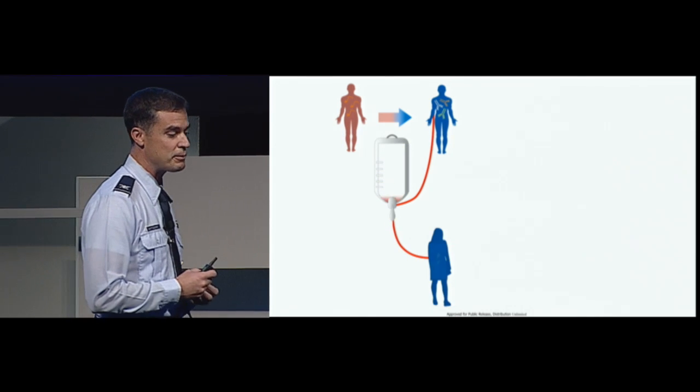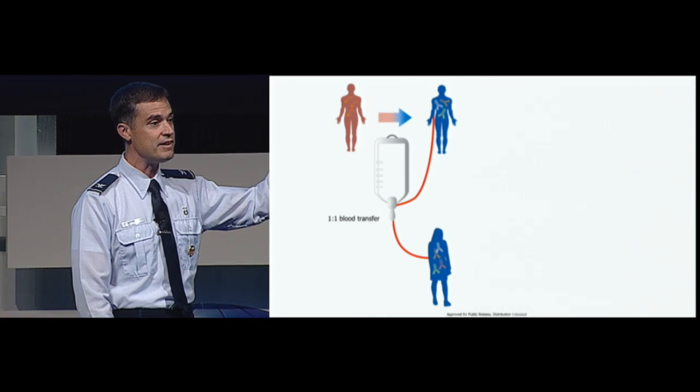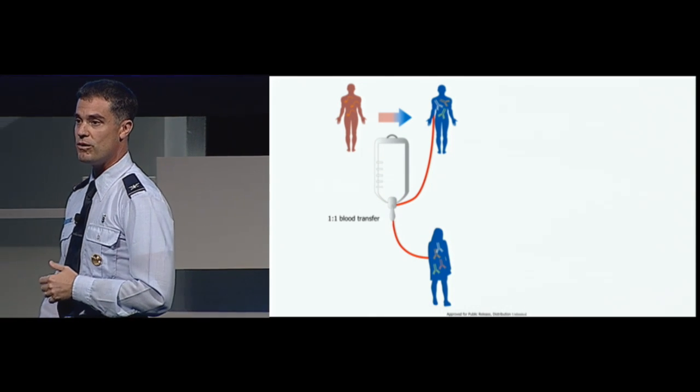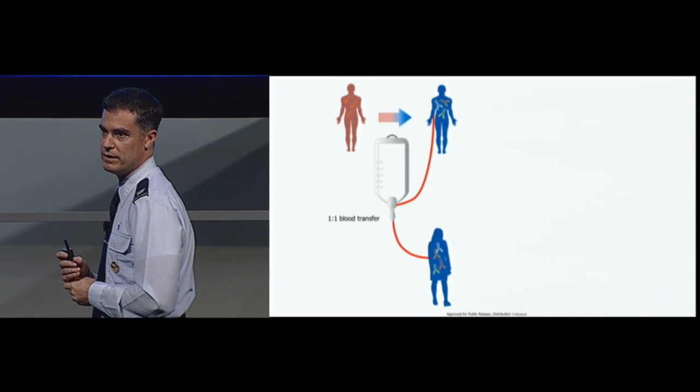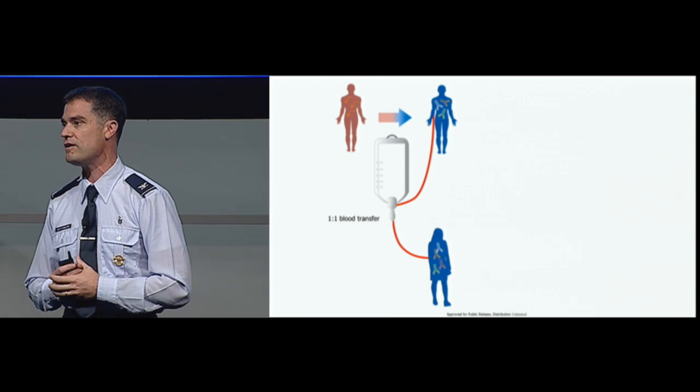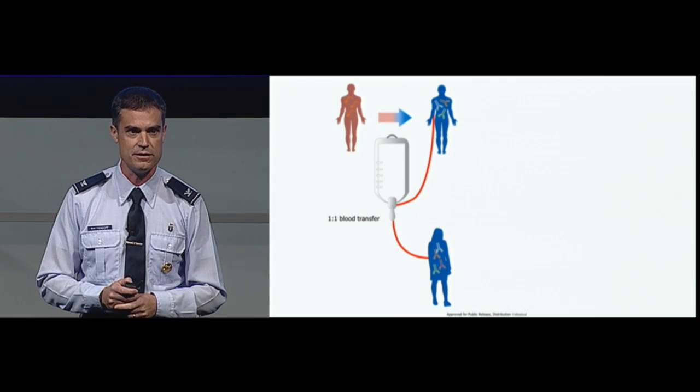Not knowing which ones were protective, he went around the country giving his blood one-to-one to other patients affected with Ebola, hopefully helping them. Unfortunately, that's not scalable. We don't always have one person for everybody who is exposed to an infectious disease.